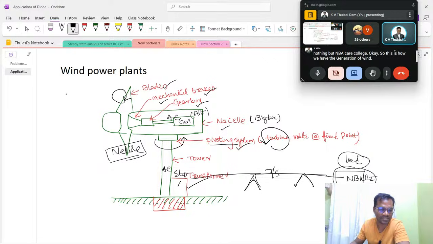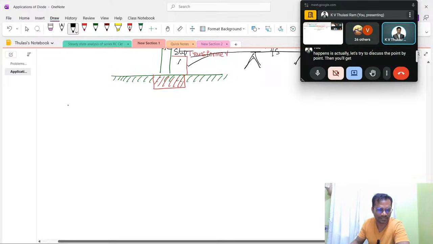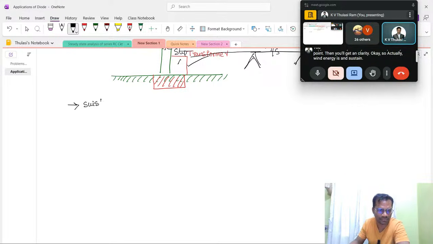Let's discuss point by point, then you'll get clarity. Wind energy is a sustainable energy, and sustainable means it is a long lasting energy. It is available in unlimited quantity in nature, so there is no limit to this energy.